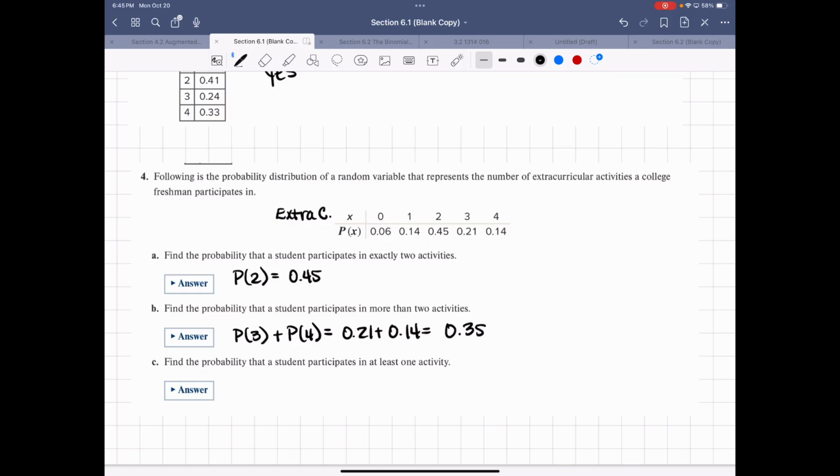You agree? Okay. Last one, find the probability that a student participates in at least 1 activity. So that means 1, 2, 3, 4. I'm going to do 1 minus P of 0. So 1 minus 0.06 should give me 0.94. There's a 94% chance that the student is going to participate in at least 1 or more extracurricular activities. Okay?